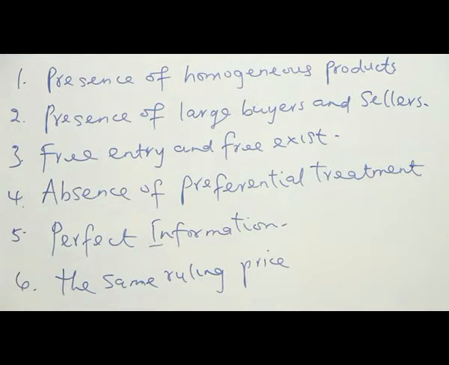That's why I said a perfect market is a situation where prices of commodities are determined by market forces. That is, supply and demand are the ones dictating the price, not a seller or a buyer, but market forces.